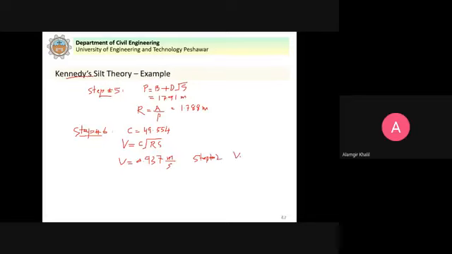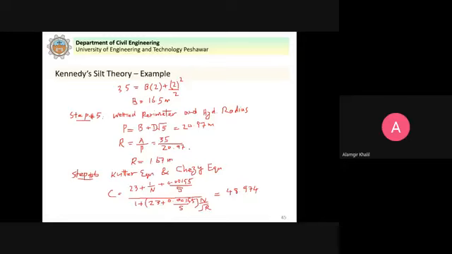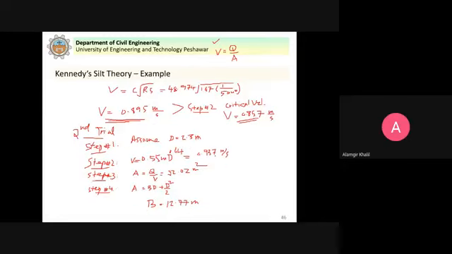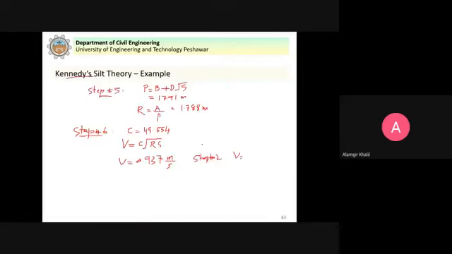Step 2, we have the critical velocity as how much? 0.937 meter per second.